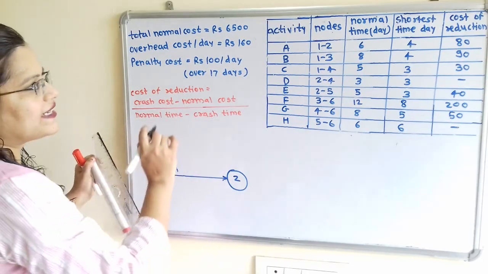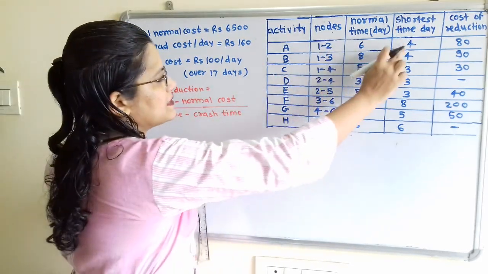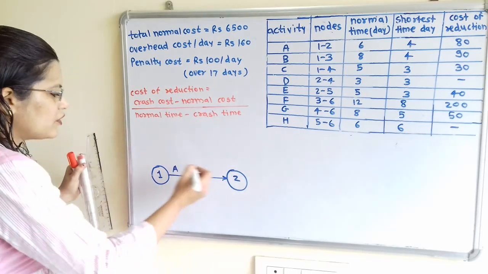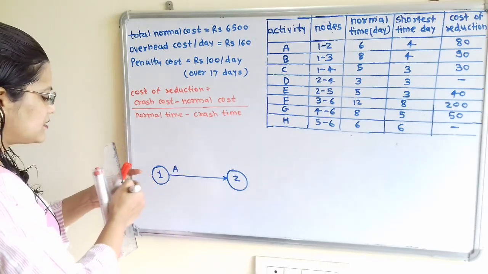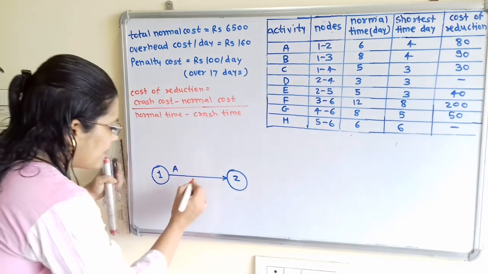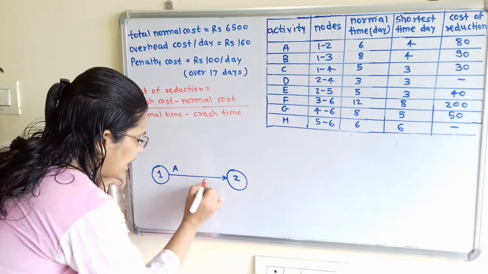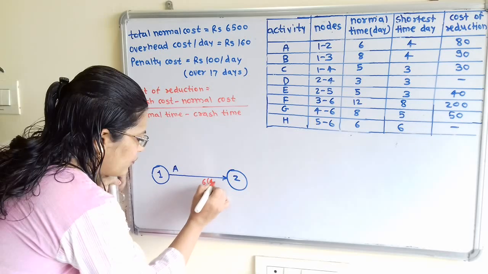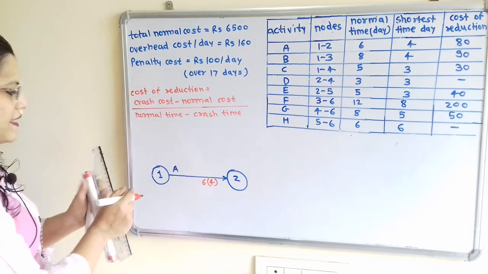For activity A, normal time is 6 and crash time is 4. I will mention this with the help of a red marker. Normal time I will mention here as 6, and crash time 4 in brackets.